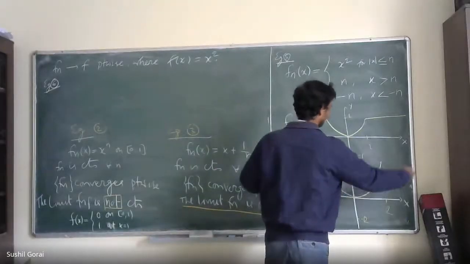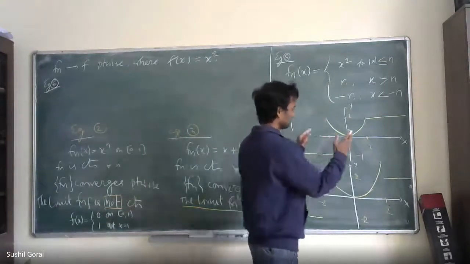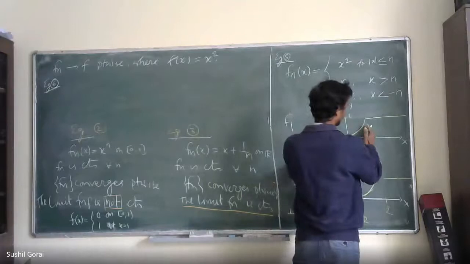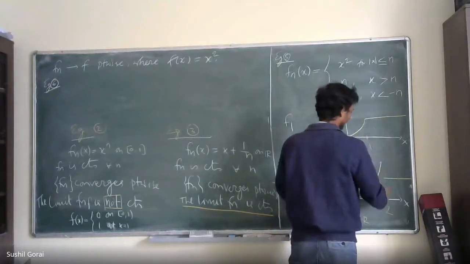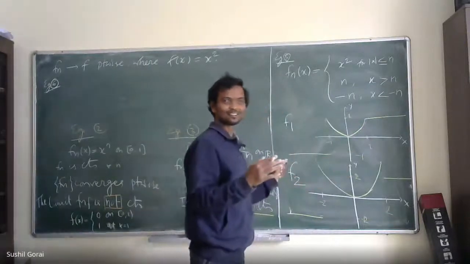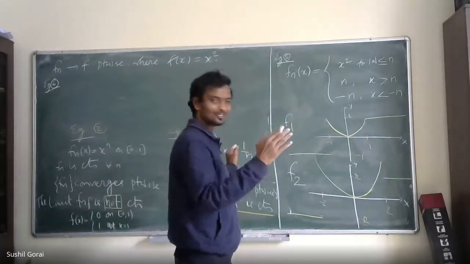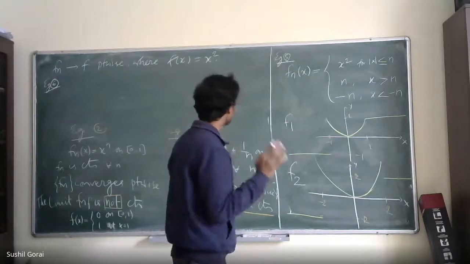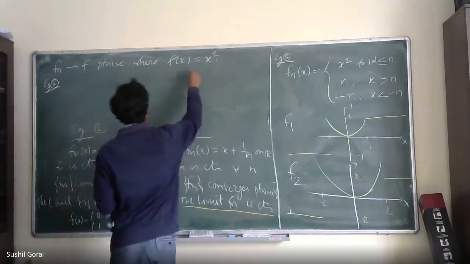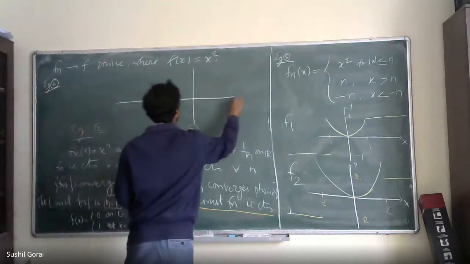This parabola is the same, right? We are cutting the parabola at minus 1 and 1. Here we are cutting the parabola at minus 2 to 2. And at the third stage, we are cutting the parabola from minus 3 to 3. Let me draw the picture again in a single picture, not in multiple pictures.